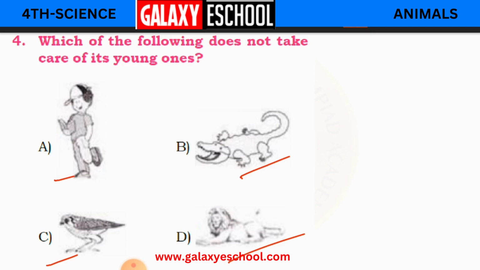Human beings, we take care of the young ones. Birds also feed the young ones with food. Even lion also feeds its young one. But except crocodile, the other 3 will take care. So crocodile does not take care of its young ones. So B is our correct answer.